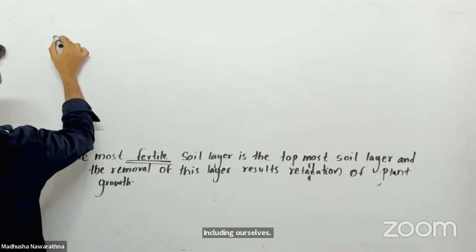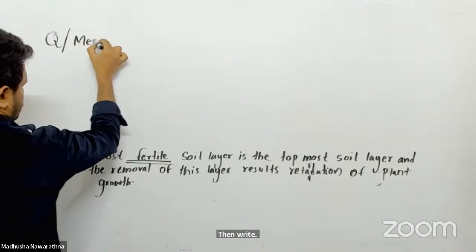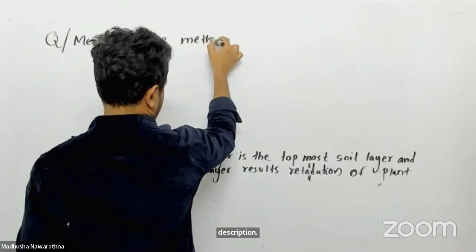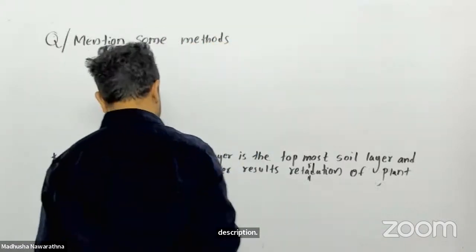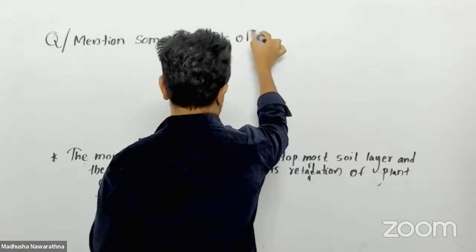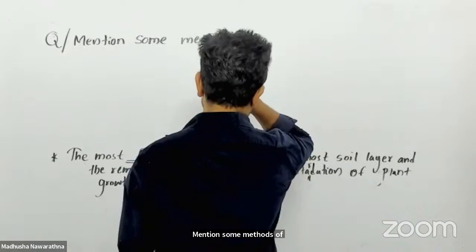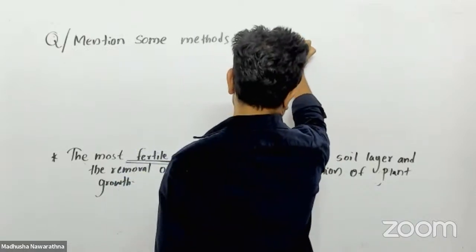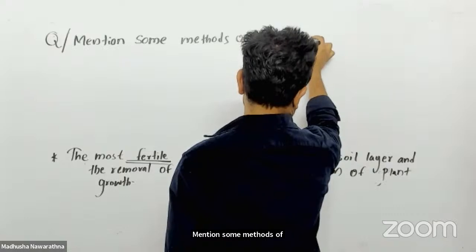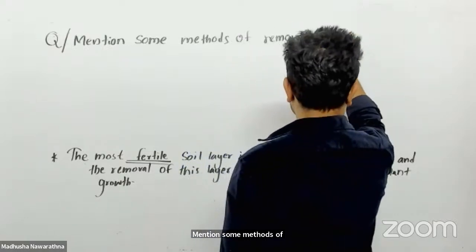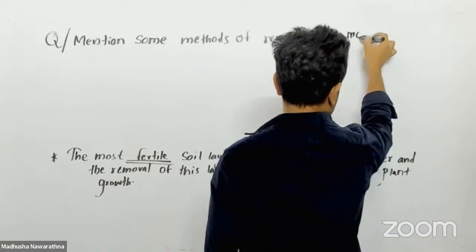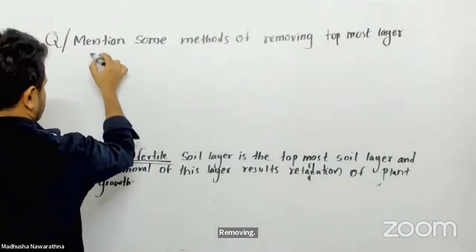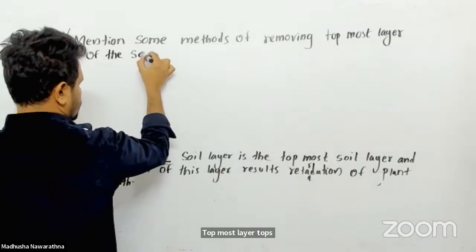Then write this question. Mention some methods of removing the topmost layer of the soil.